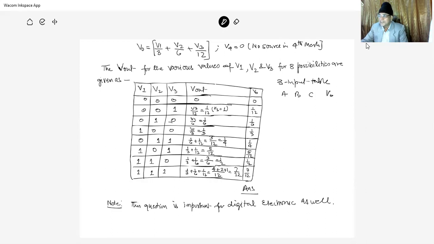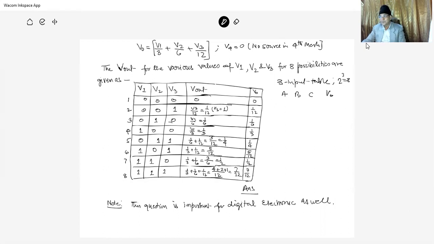For a three input table, 2 raised to the power 3 is 8, so 8 possibilities are given. These are the 8: 1, 2, 3, 4, 5, 6, 7, and this is 8.